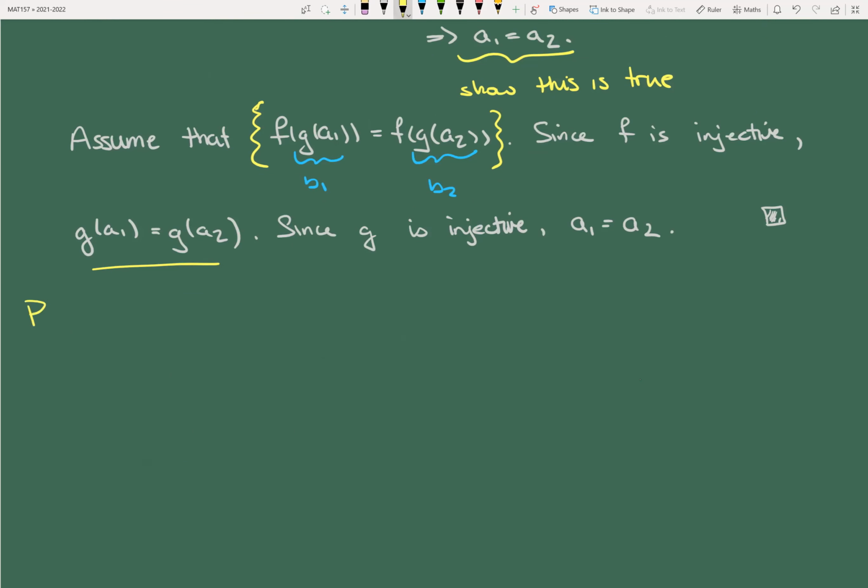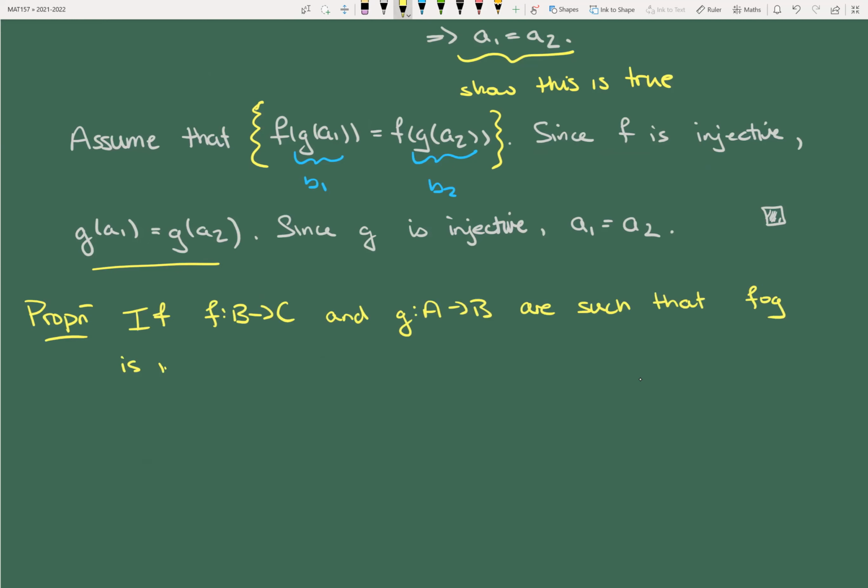Let's also call it a proposition. Why not? So same setup. We're going to have F mapping B to C and G mapping A to B. So if these are two functions such that F compose G is injective, then G is injective.